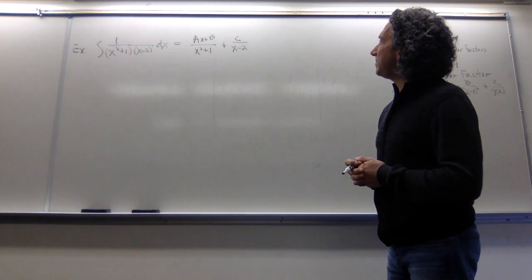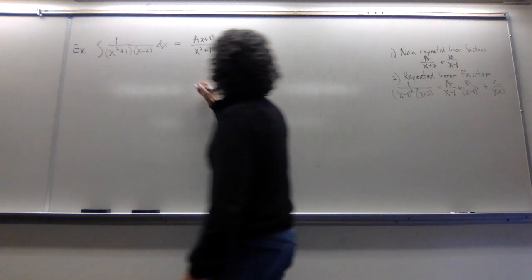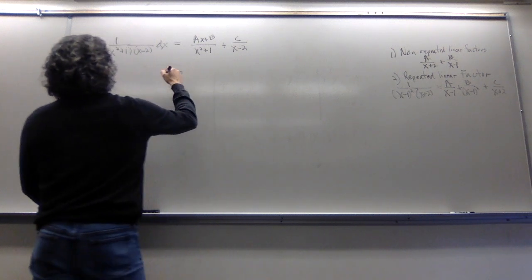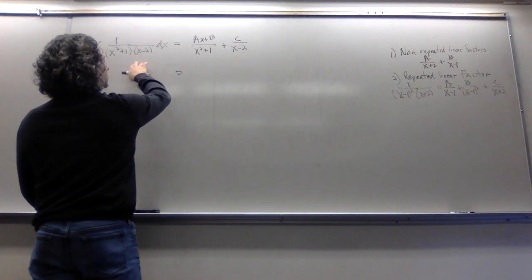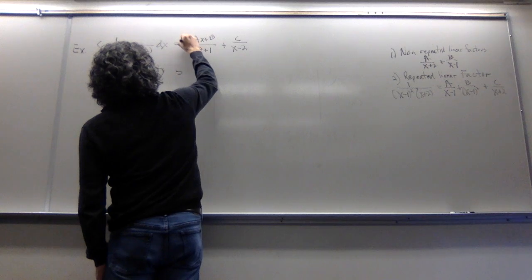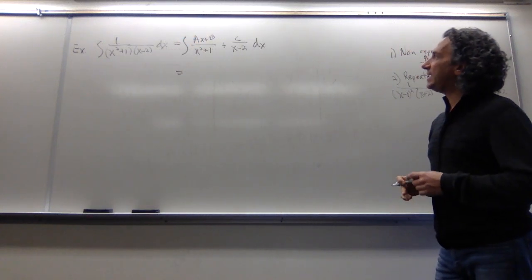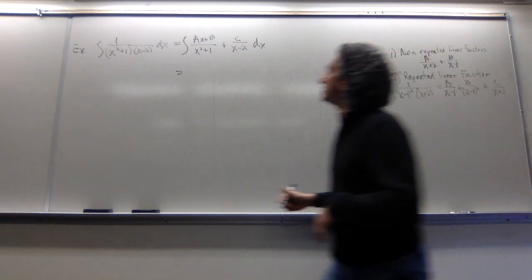All right, so let's play the same game that we've been playing. This integral is equal to this integral, and we want to try to find the A, B, and C first.